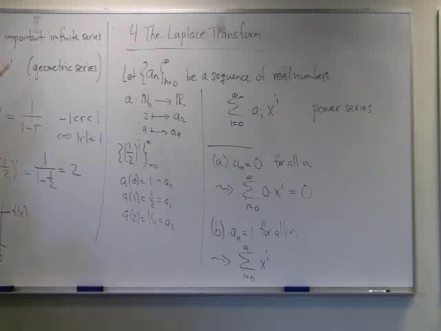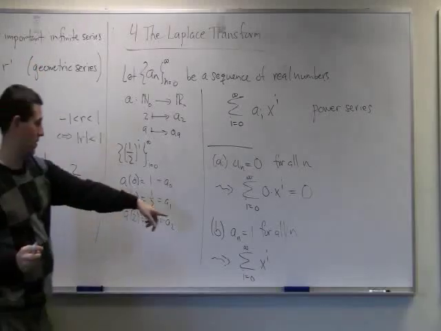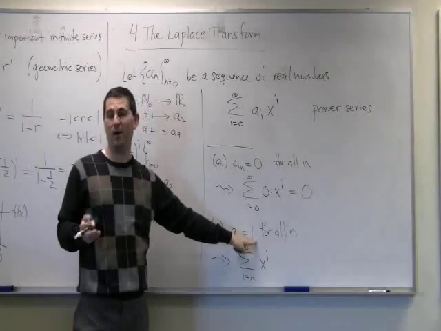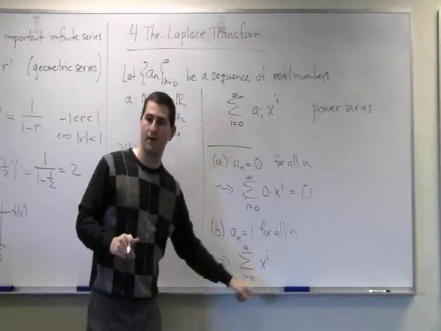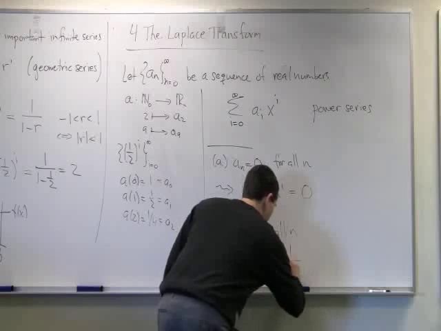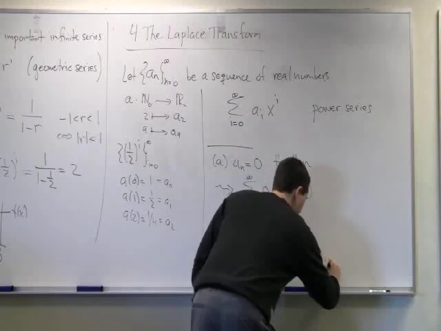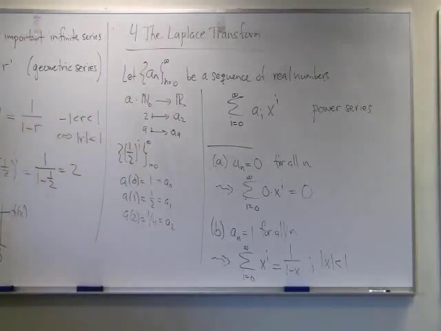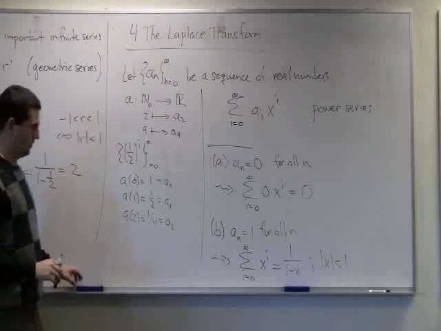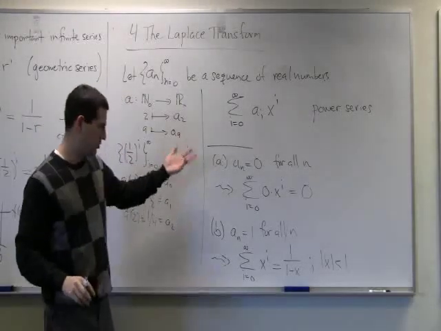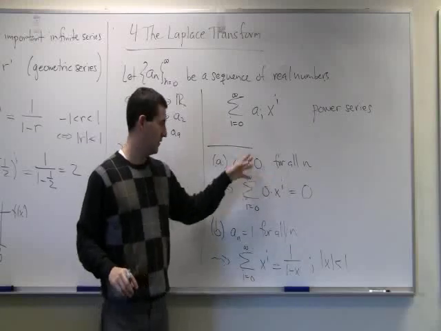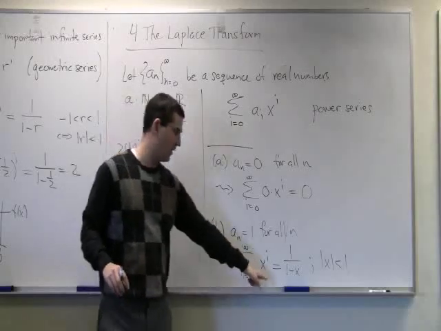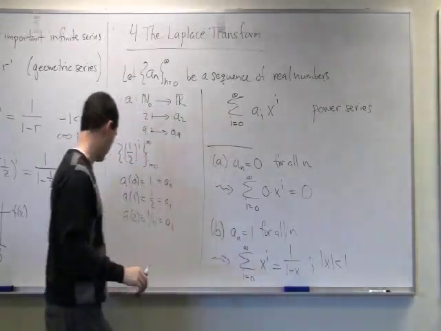So the geometric series is just a special case of this process of taking a sequence, namely the sequence whose terms are all 1, and turning it into a power series. So we know that this is 1 over 1 minus x, at least when the absolute value of x is less than 1. By the way, this shows that the previous one converges everywhere to 0, no matter what x's you put in. This one does not converge everywhere. It matters what x's you choose.